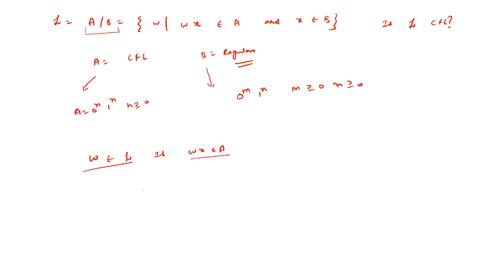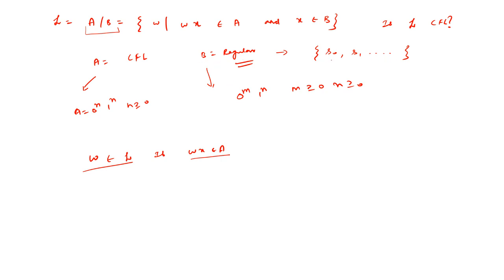What does this mean? B is regular, meaning corresponding to this B there is a set of strings that is accepted by the language.